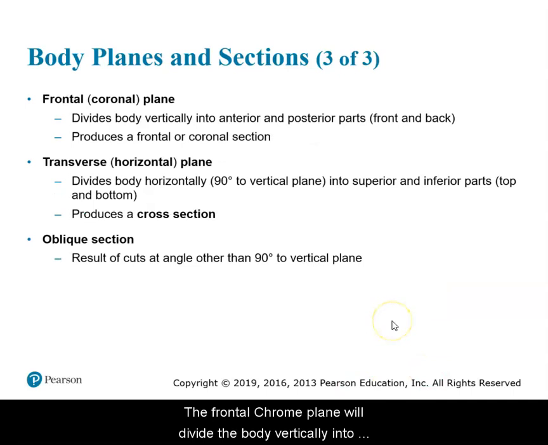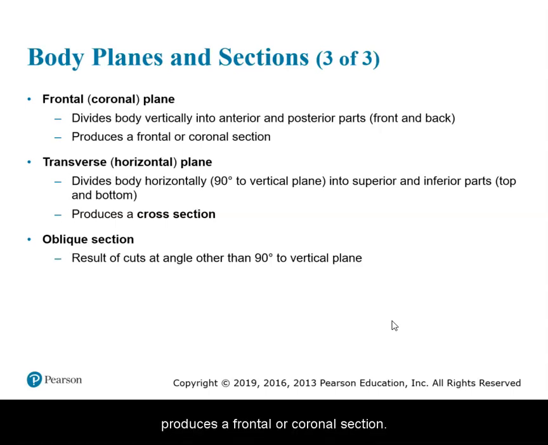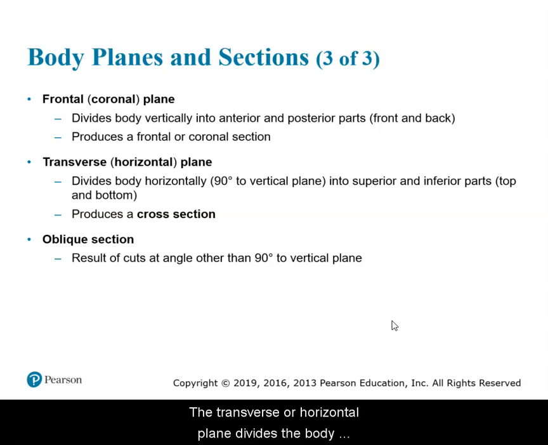The frontal or coronal plane will divide the body vertically into anterior and posterior parts, or front and back parts, which produces a frontal or coronal section. The transverse or horizontal plane will divide the body horizontally, so perpendicular to, or 90 degrees to, the long axis of the body, or to the vertical plane, and usually will divide the body into superior and inferior parts, or top and bottom, and this produces a cross section.